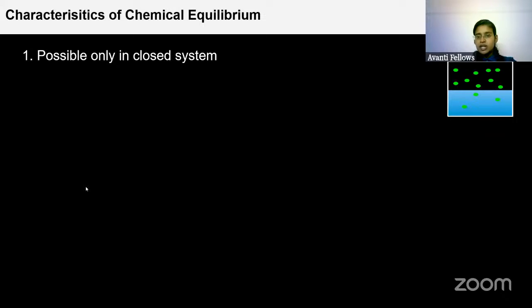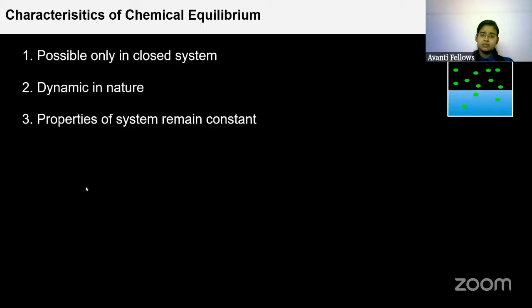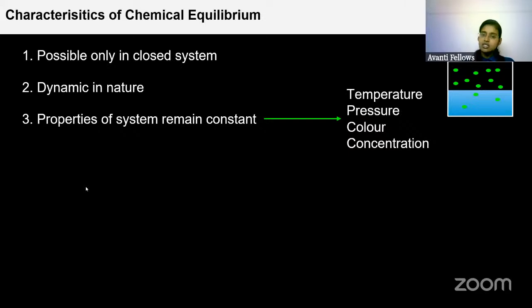I have some reactants and some gas molecules, and it is attached to a piston. It is closed. And it is dynamic in nature, I already told you. And all the properties of the system remain constant. So what are those properties? Temperature, pressure, color, concentration. All these properties remain constant.